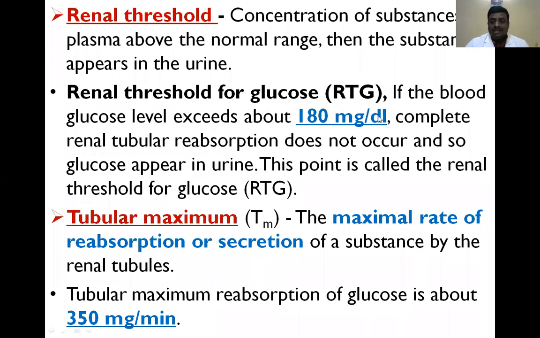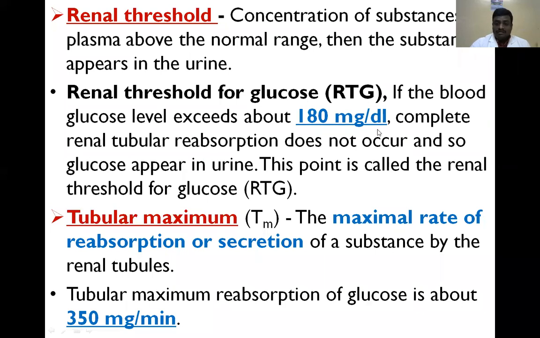Normally the blood glucose value is 70 to 110 in the fasting condition and 70 to 140 in random conditions. So 180 is greater than the normal blood value. When a substance in the blood reaches a level greater than the normal value, that is called the renal threshold of the substance. So the renal threshold of glucose is 180 milligrams per deciliter.